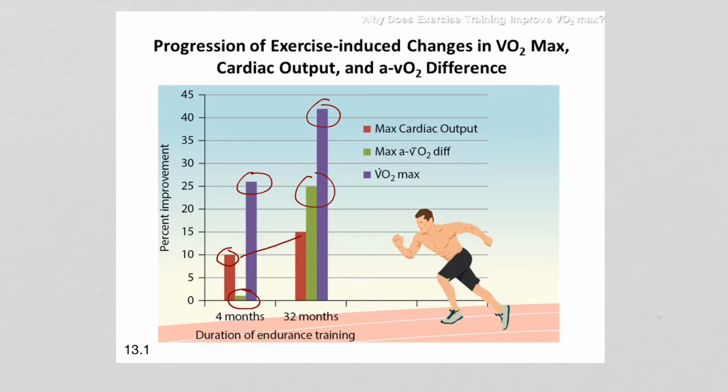So a bit of a time course difference here. From these results, it is apparent that at least the early adaptations and the early increases in VO2 max are driven by mainly cardiovascular adaptations, that is probably in the heart, and later on, as VO2 max continues to increase, those changes are driven entirely, or almost entirely, by changes in the AVO2 difference, or the ability of the muscles to extract more oxygen.